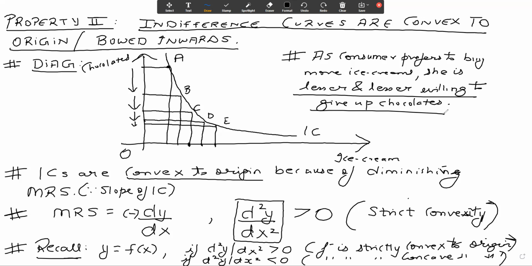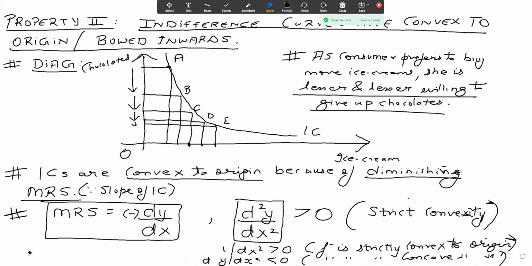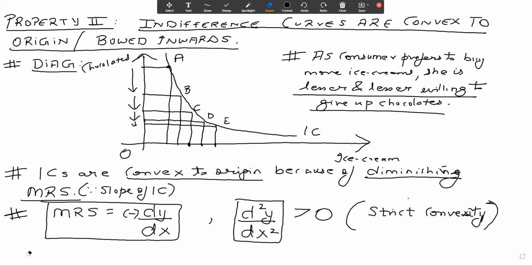And if you argue it out mathematically, why are ICs convex to the origin? Because of the law of diminishing marginal rate of substitution. MRS is nothing but minus dy by dx. Diminishing MRS means that if you further differentiate MRS with respect to x, it is less than 0.